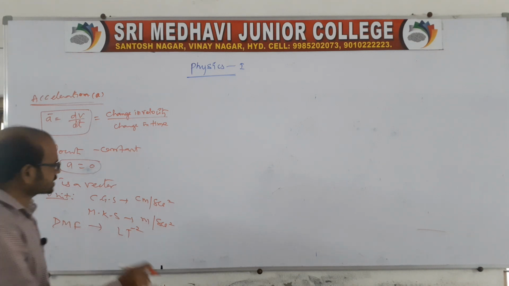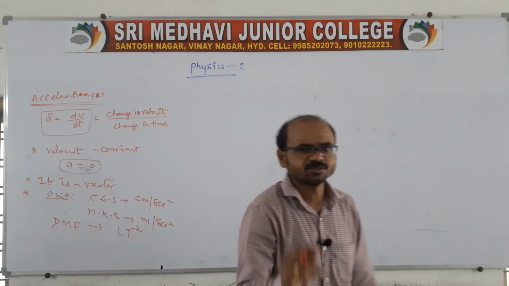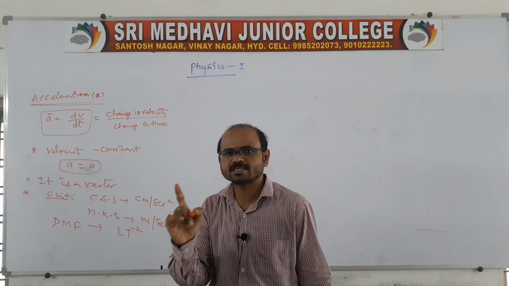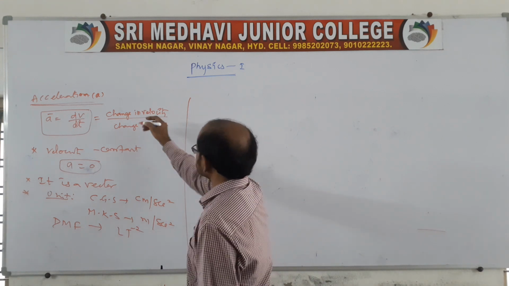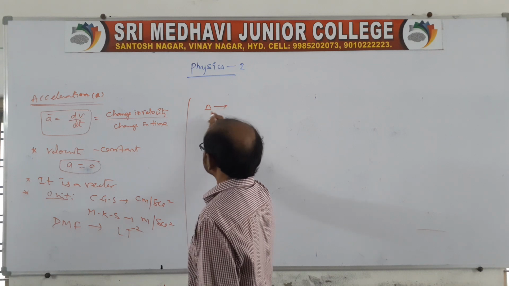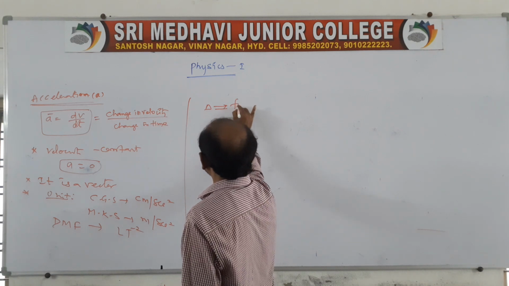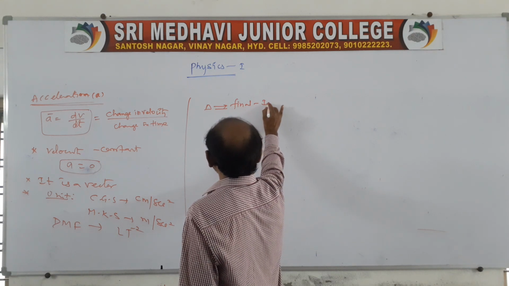So acceleration is the change in velocity. You remember, changes are always taken as final minus initial. This is also very, very important. Change means delta, and delta should be taken as final minus initial. It is a standard.